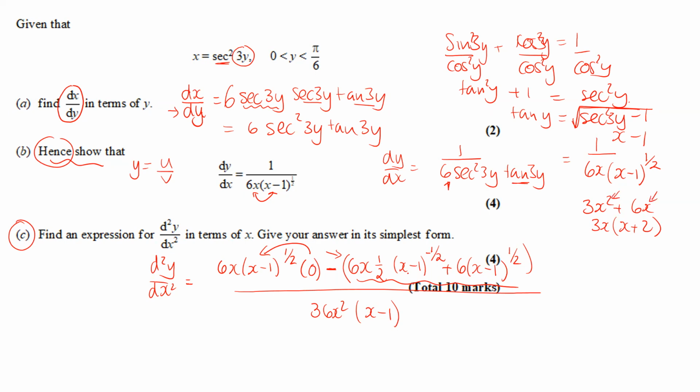And what we've got here is x minus 1 to the minus a half and x minus 1 to the half. And we've also got a 6 in the numbers. So I'll take out a minus 6 and then an x minus 1 to the minus a half.